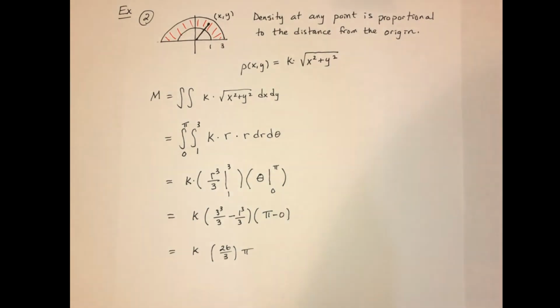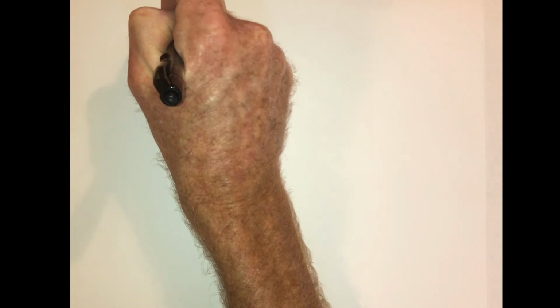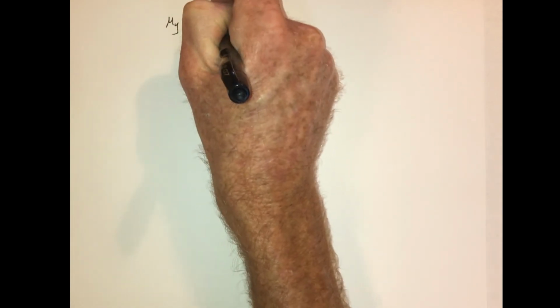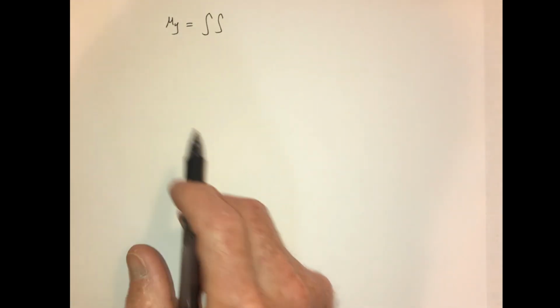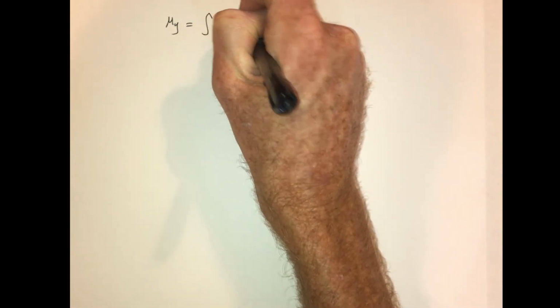All right, then on to the next integral, the moment about the y-axis. So this will be the double integral of the same thing, but when this says y, it has an extra x in it.